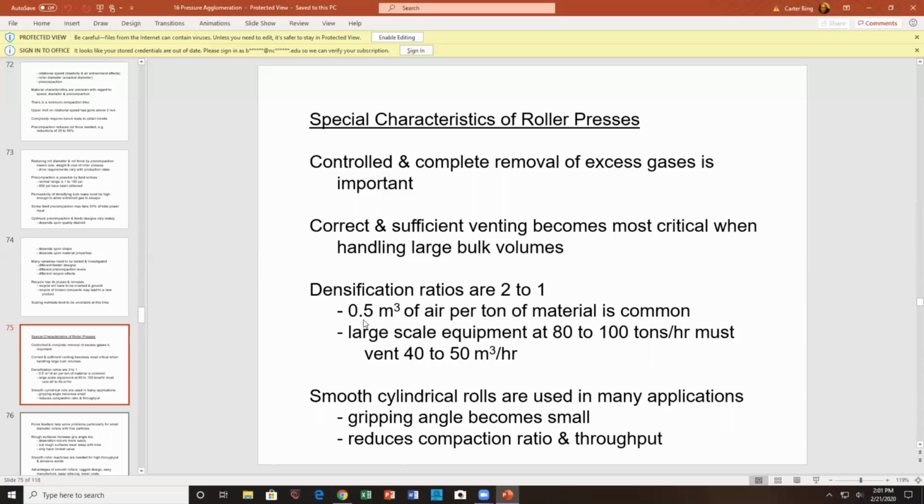That means about 0.5 cubic meters of air per ton of material. Or if you're moving 80 to 100 tons an hour, you must vent 40 or 50 cubic meters of air per hour. The thing has a lot of air moving around in it.